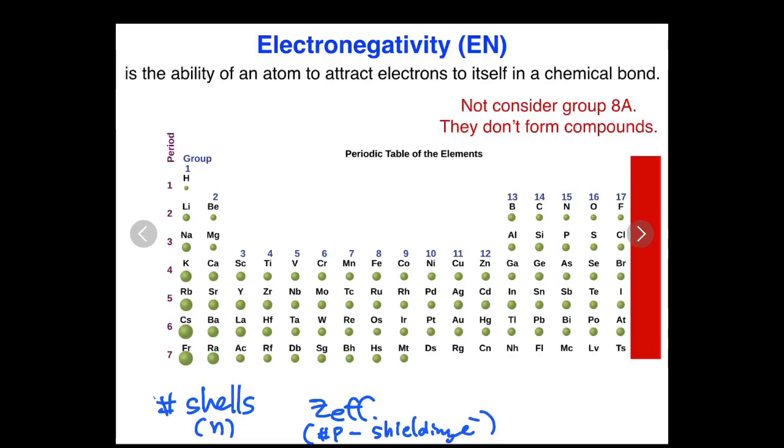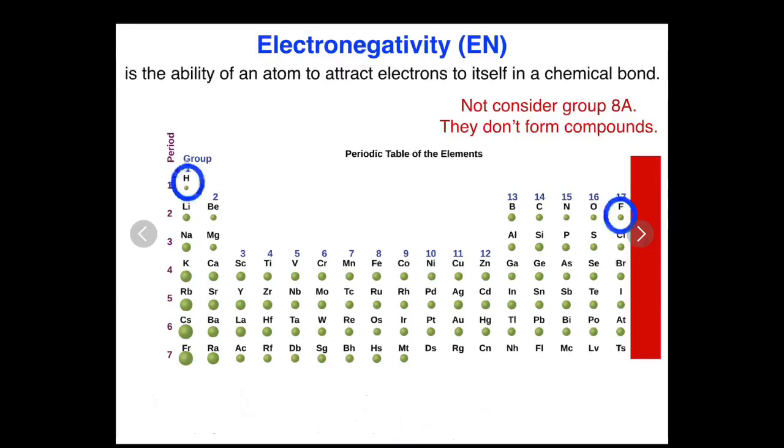We are going to use those two ideas to help us determine the size, and the size of the atom will also determine how an atom attracts electrons, which determines the electronegativity values.